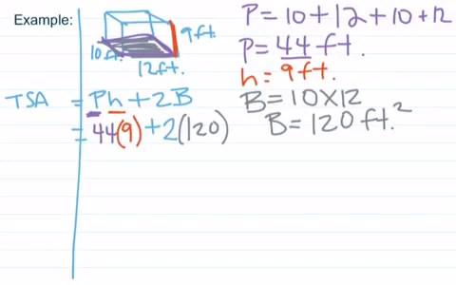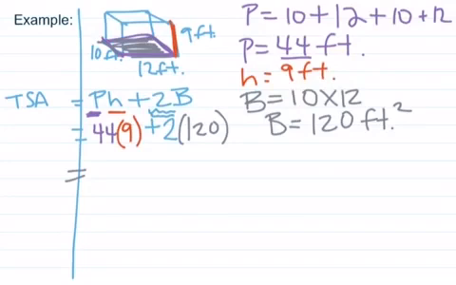I want you to start thinking of why this would be plus 2 times the area of the base, about why this formula works. Justifying the reasoning for this formula and breaking it down is what we're going to be talking about in class.